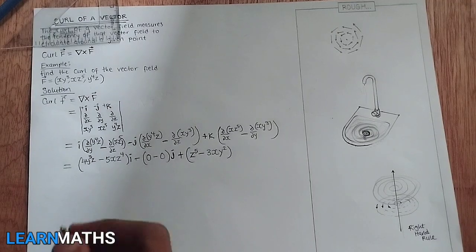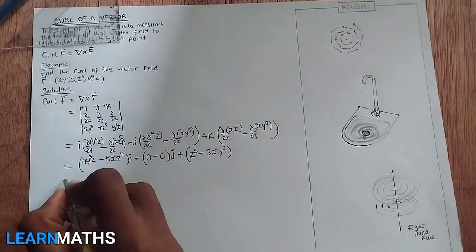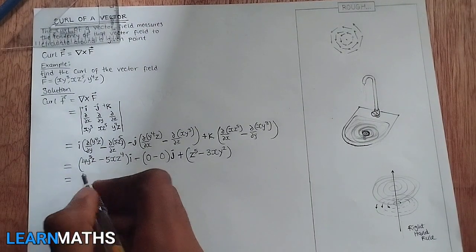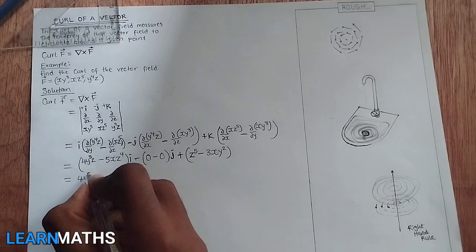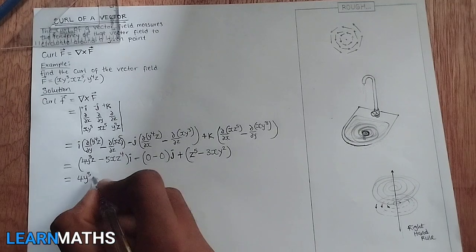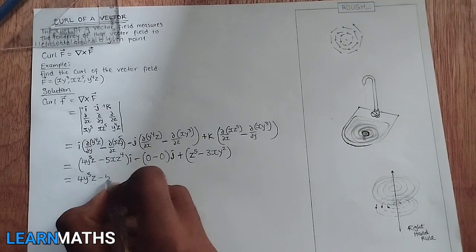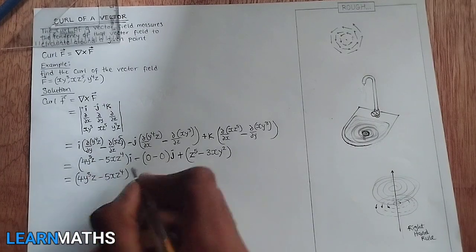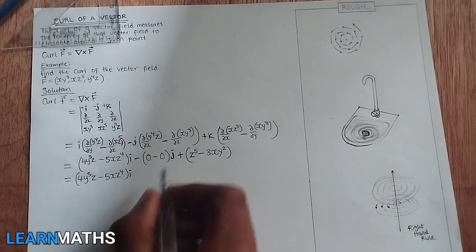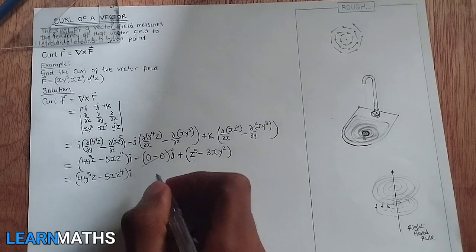Alright, so what's our final answer going to look like? I'm just going to arrange these terms and that will be the answer. So this is 4y raised to power 3, that's clear, right? Then we have z here minus 5xz raised to power 4. That's all for the i component. Then the j part is just going to be ignored since it's 0.